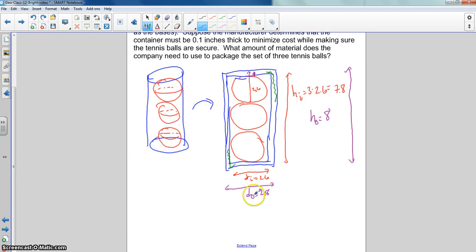If the diameter of the outside is 2.8, the radius is half of that, so 1.4. And similarly, the radius of the inside is going to be 1.3.